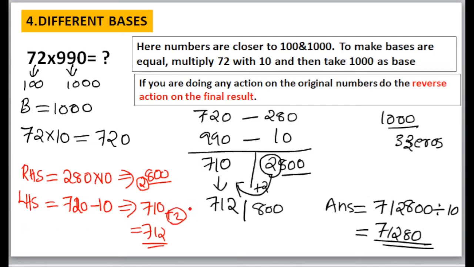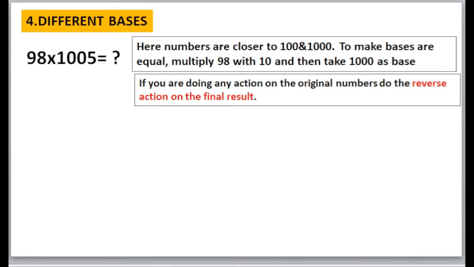So next is 98 into 1005. 98 is nearer to 100 and 1005 is nearer to 1000. So we will take base as 1000. But 98 is far away from 1000, so we will multiply it with 10. So 980.